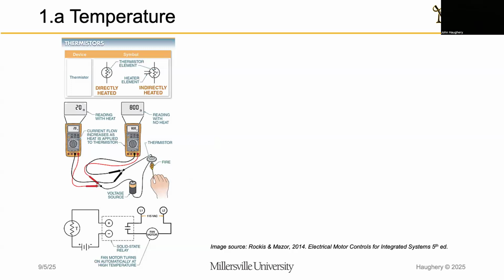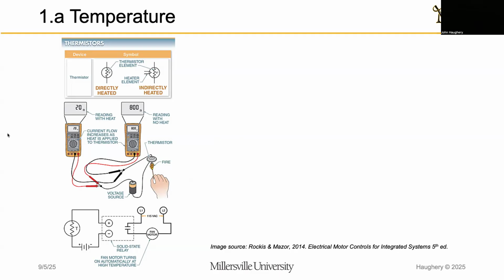It's a resistor that changes its resistance drastically with changes in temperature. Most materials do this, but a thermistor has unique properties where the change in resistance is significant with small changes in temperature. And this allows us to use an electronic circuit to measure differences in resistance and then correlate those to differences in temperature.